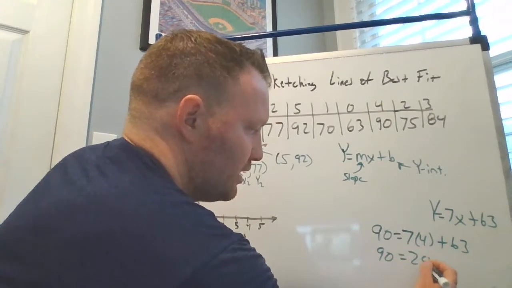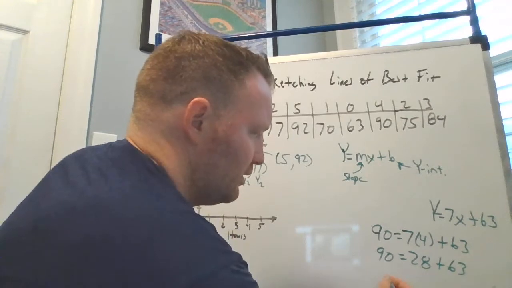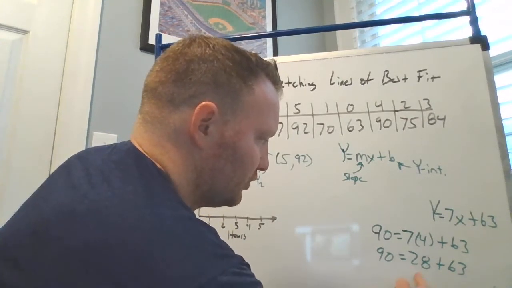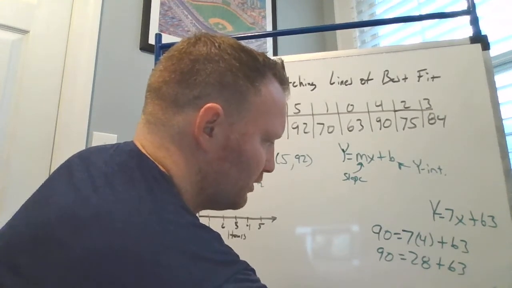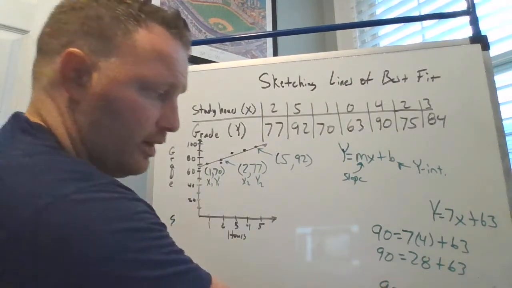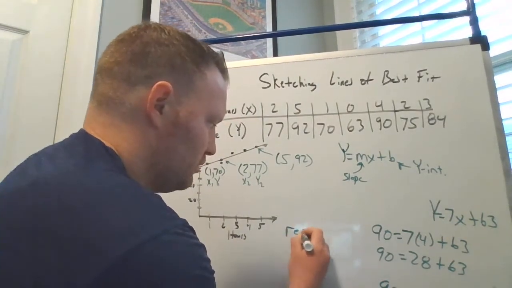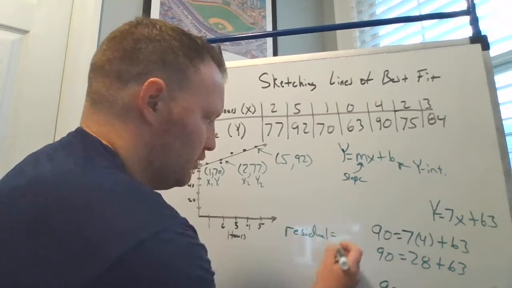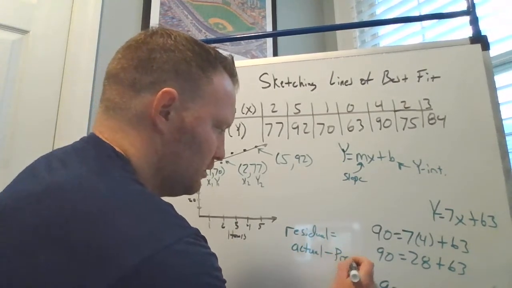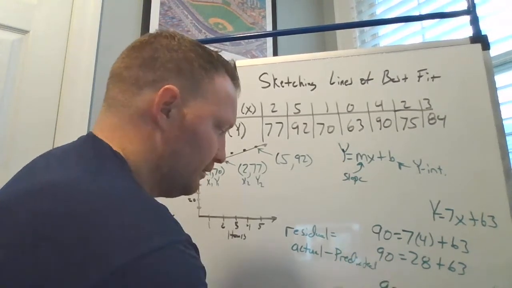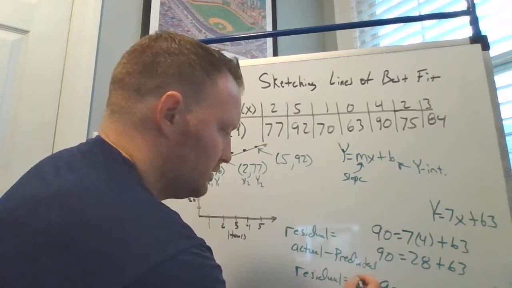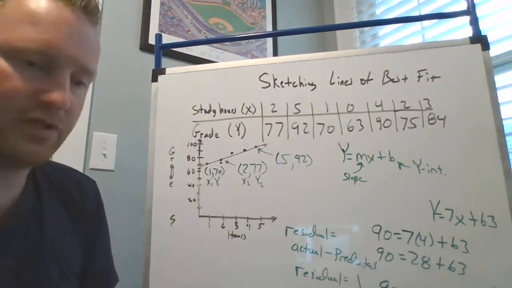That's 28 plus 63, which is 91. The actual is 90. So our residual is 1 because residual equals actual minus predicted. So our residual is 1.